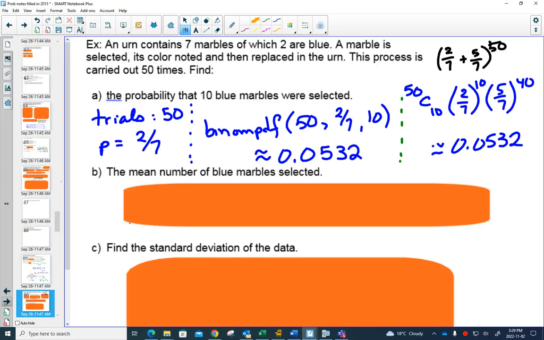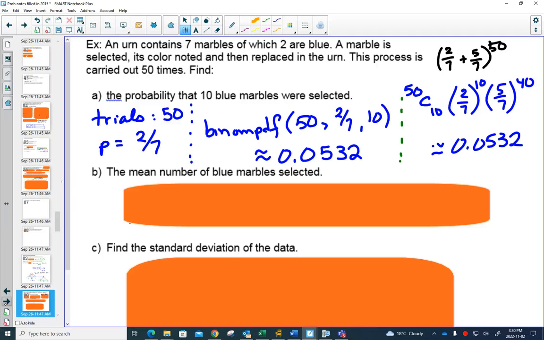To find out the answer is 1 to this, you have 2 options. You could add the inside, find it's 1, and 1 to the 50 is 1. Or you could use your binomial theorem and write out all 51 terms, then add them up, and find out your answer is 1.